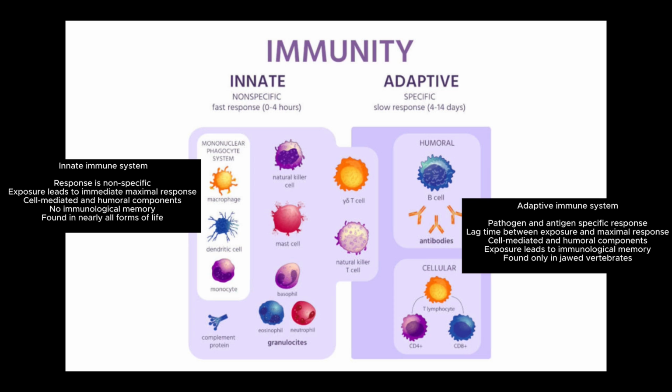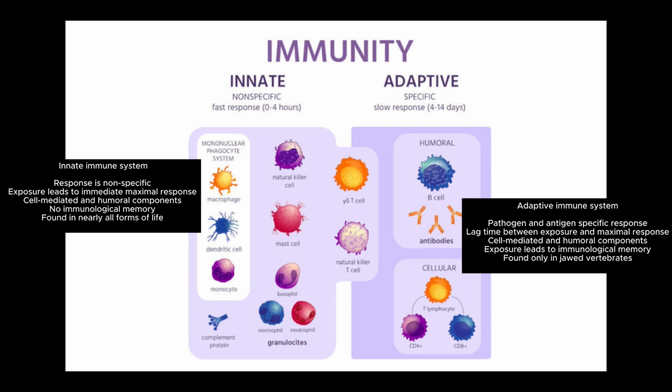So the innate immune system is the set of cells and responses, proteins and so on, which has generic, non-specific responses. So it reacts more or less the same to any type of pathogen or threat. I mean, it's not going to be precisely the same every time, but the basic sequence of events is pretty much the same. Importantly, the innate immune system does not have any immunological memory.